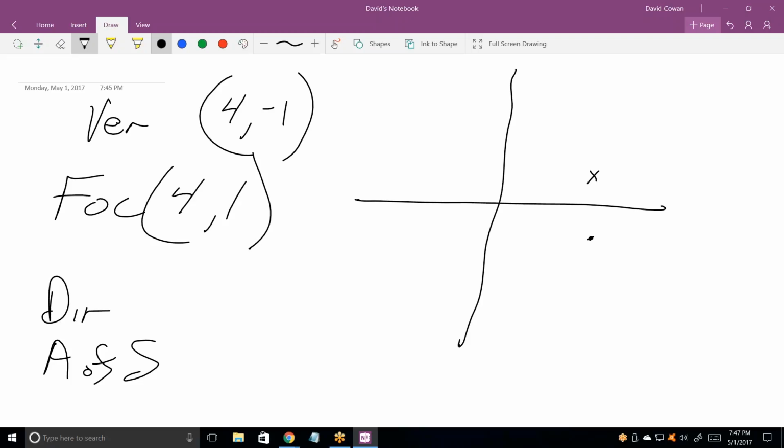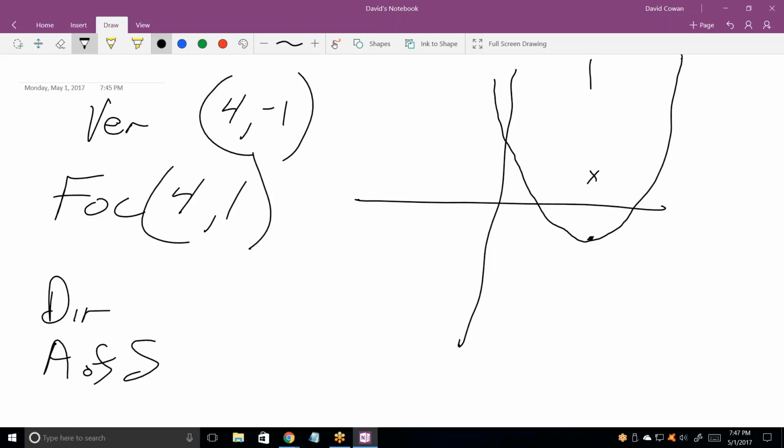What does that tell you about the parabola? Does it open up? Does it open down? Does it open sideways to the right or sideways to the left? Up. Has to be up. Why would it be up again, though? Because the focus is on the same line of symmetry as the vertex.